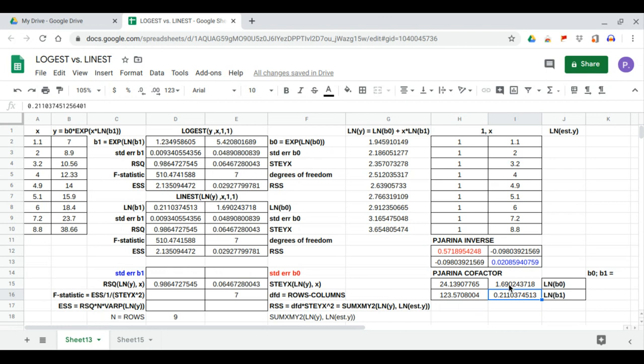Now that we have the coefficients, this ln b0 matches to the output ln b0 of the LINEST, and ln b1 matches to the ln b1 of the LINEST.